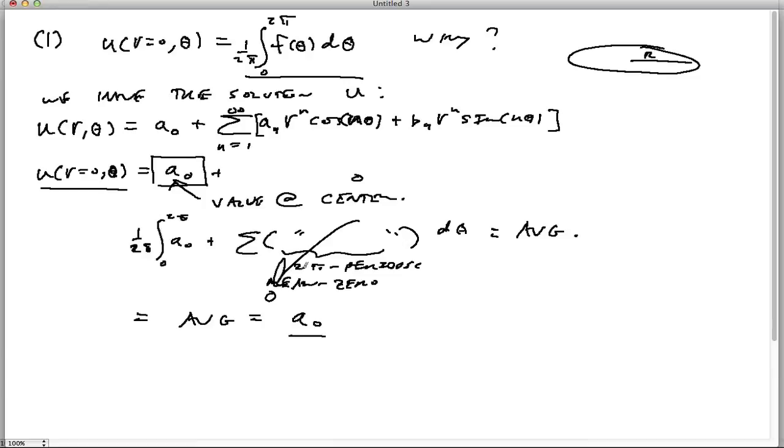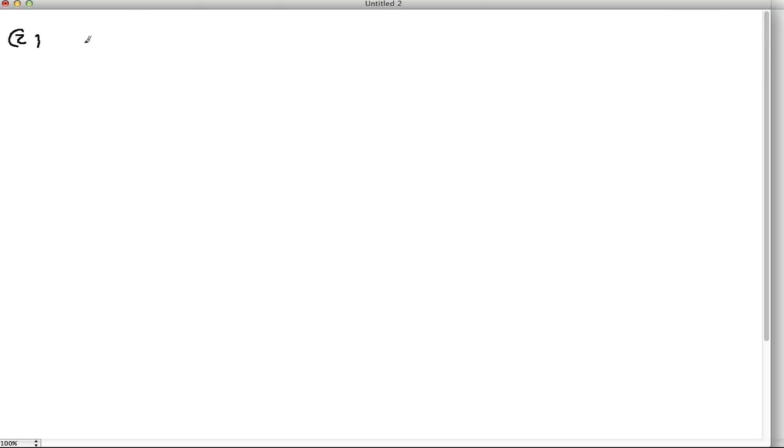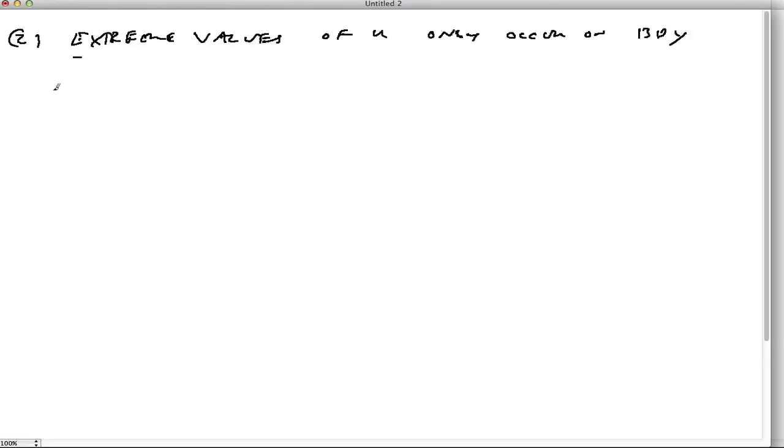Okay, so the next thing we do, of course, is I just want to firm up this last one. So the fact that extreme values of u only occur on the boundary. So this is actually true for any set.